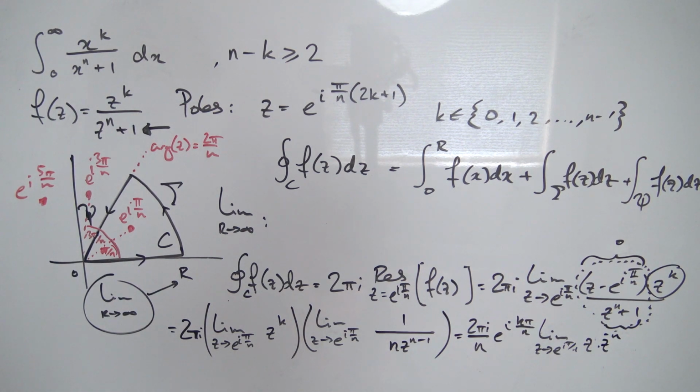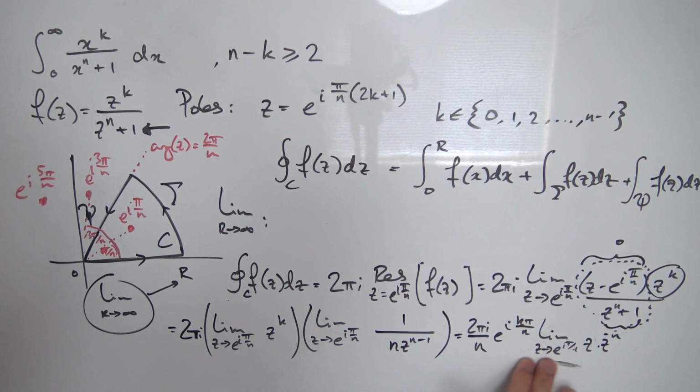And notice if we plug e to the i pi over n into this first z, well, that's all good because it's not going to blow up or anything. Same deal over here with the z to the minus n, but the nice thing is when we plug this pole into z to the minus n, we have this n and this 1 over n in the exponent that are going to cancel each other out, leaving us with just e to the minus i times pi, and that's exactly negative 1.